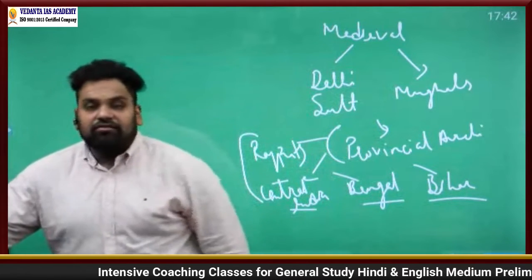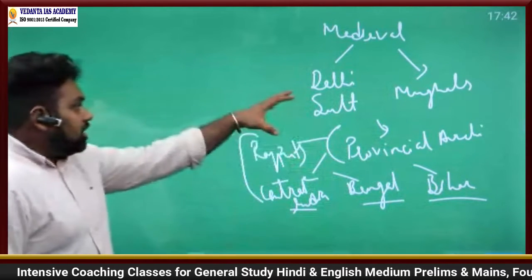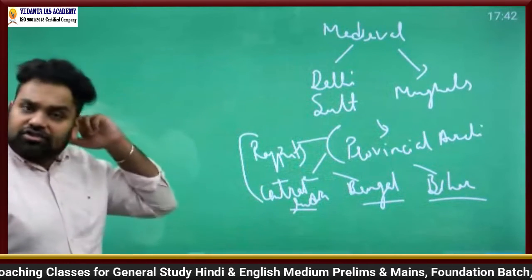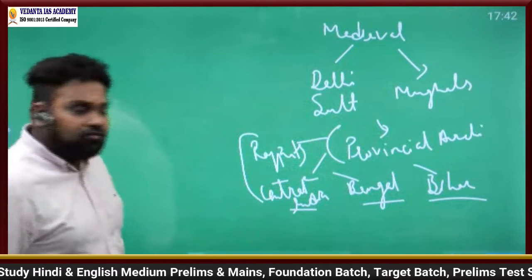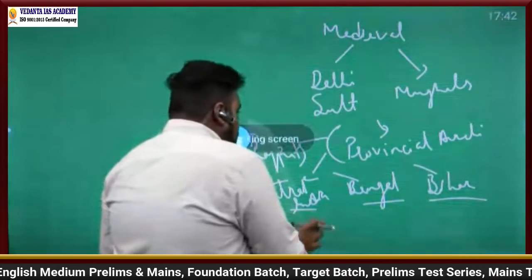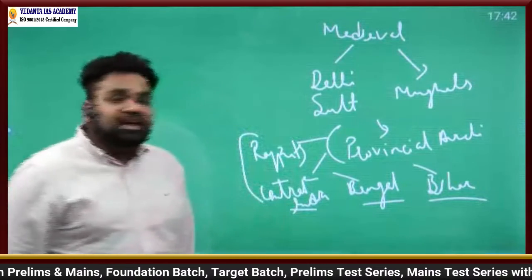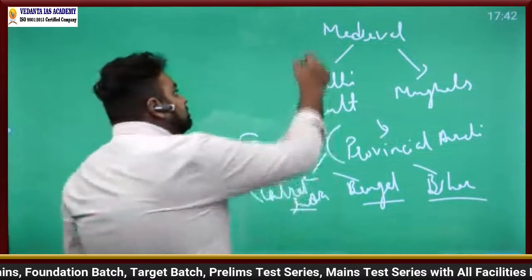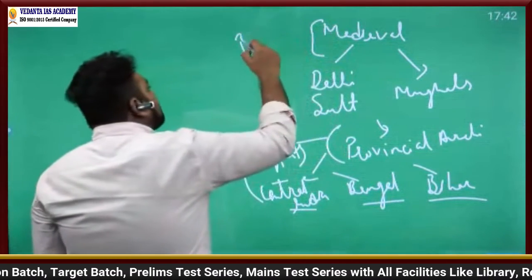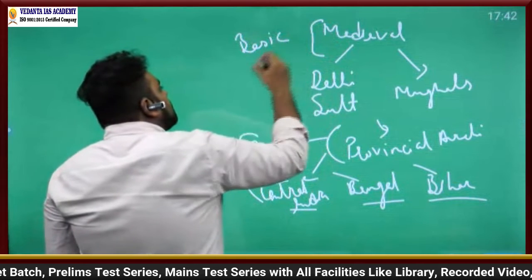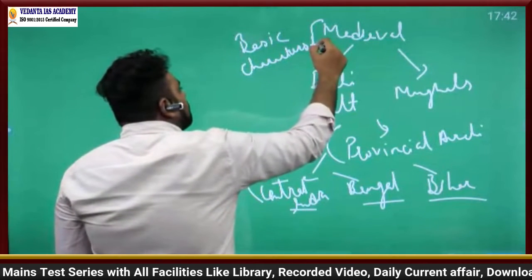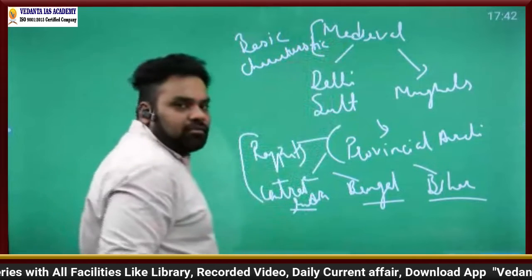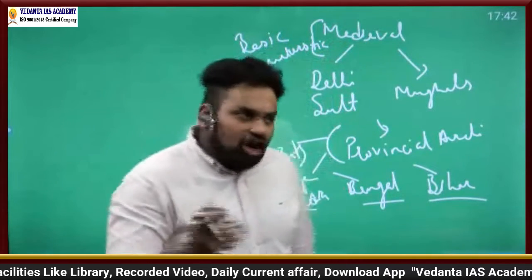So this is a very, very interesting idea regarding the architectural part in art and culture, which is very, very important, right? So when we talk about the medieval architecture, we will see that the basic characteristics remain the same, like the Jali works, the Charbagh style.